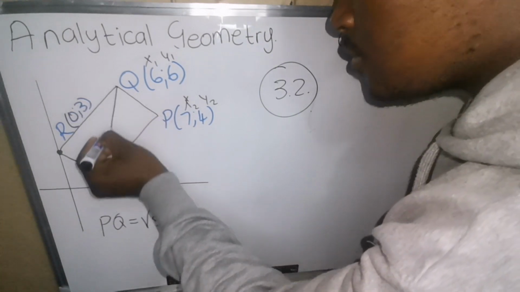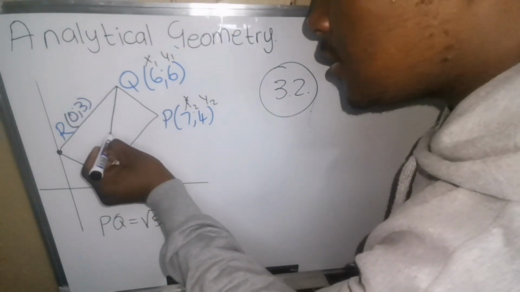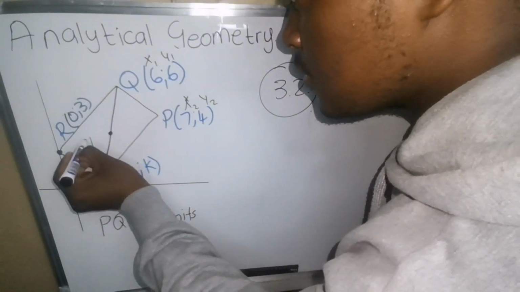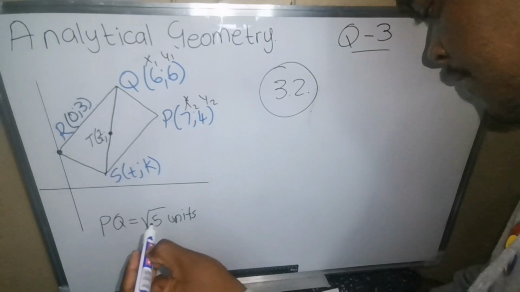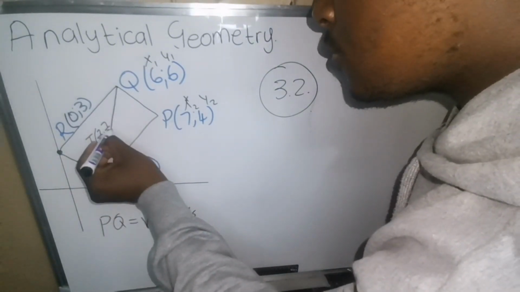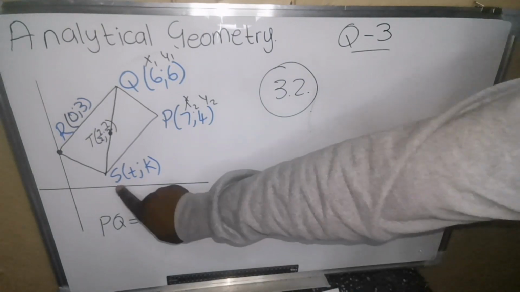T is the midpoint, 7 over 2 and 7 over 2. These coordinates are our midpoint, therefore determine the coordinates of point S.